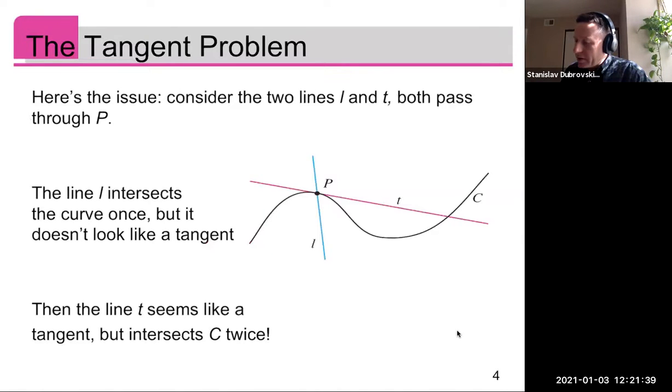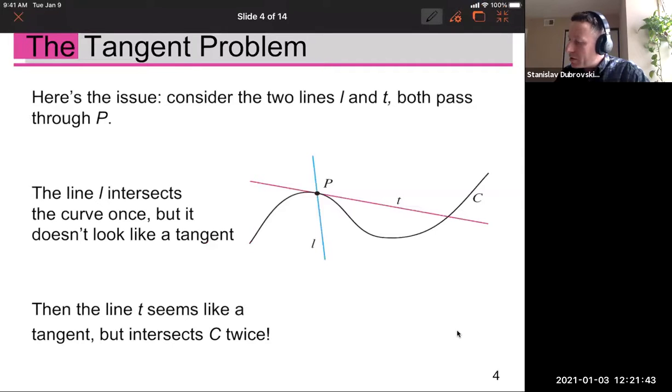Here it is. And these are the two lines through the point P. So pay attention to this point P. We have the blue line L, which does intersect the curve exactly once, but clearly it's not tangent to it.